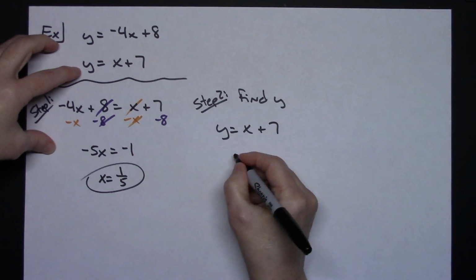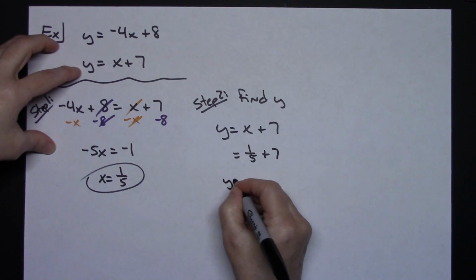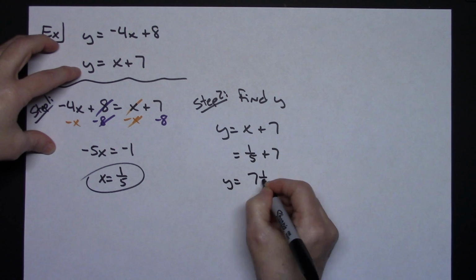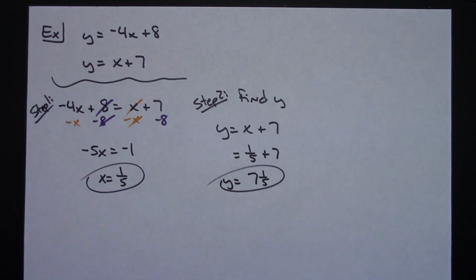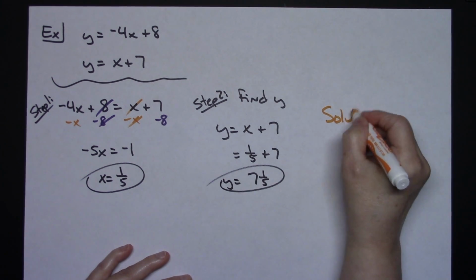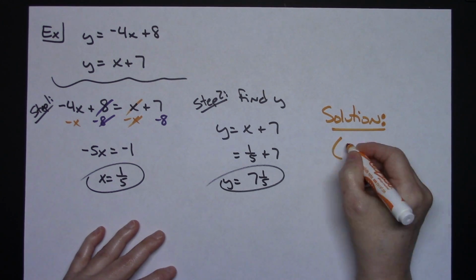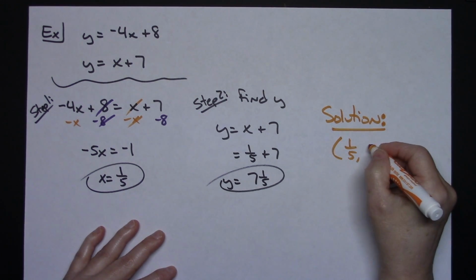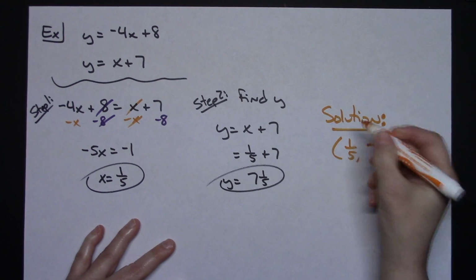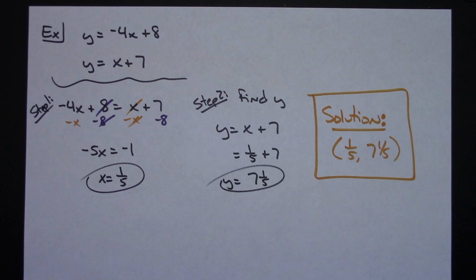I'm going to plug 1/5 in. 1/5 plus 7 is going to give me y equal to 7 and 1/5. I didn't even need to use a calculator or anything. And again, we want our solution to be written as an ordered pair. So the x coordinate is 1/5, the y coordinate is 7 and 1/5. Writing the solutions to these systems of equations as an ordered pair is extremely important.